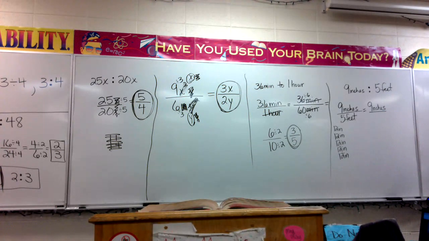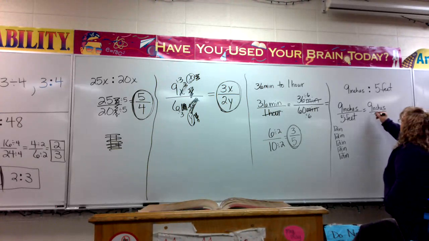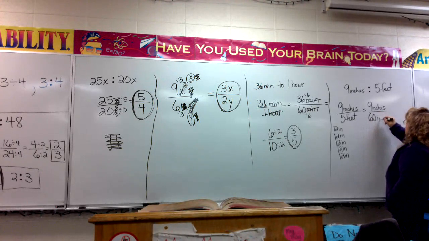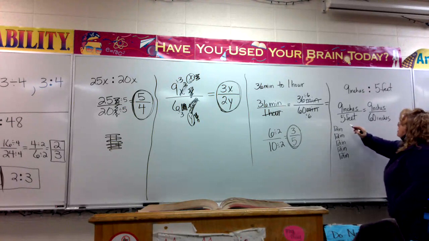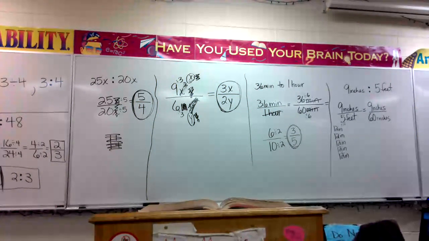How many is that altogether? 60. Otherwise, you could have just multiplied that by 12. 5 times 12, 60 inches.